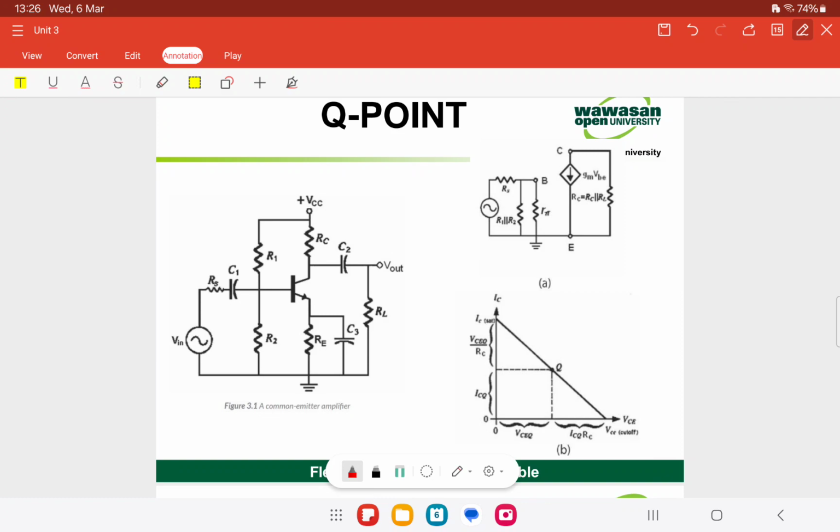For example, let's say we have this circuit, a common emitter amplifier with a BJT here. This is the collector, this is the base, and this is the emitter.